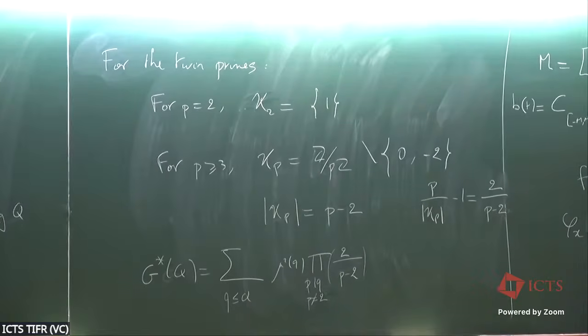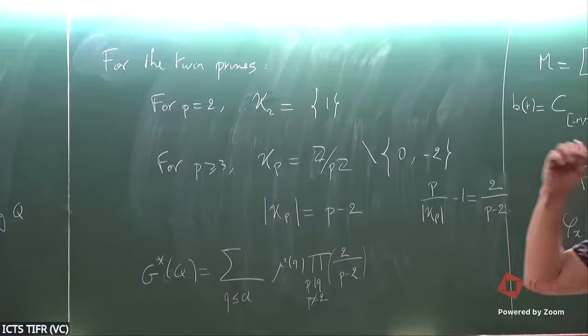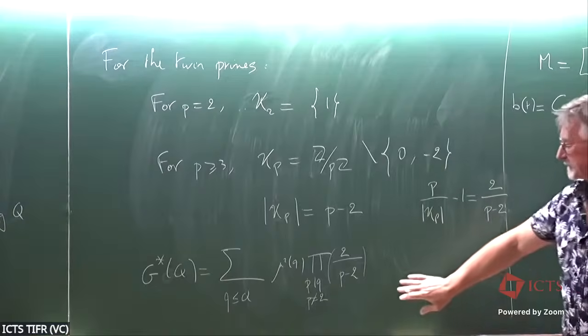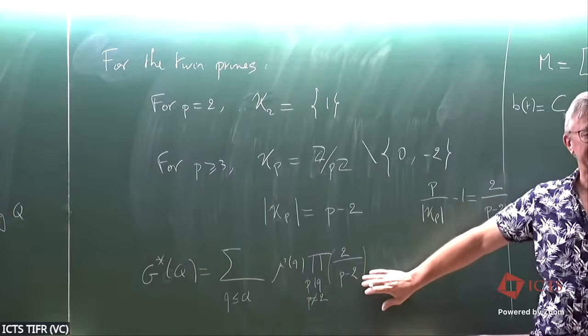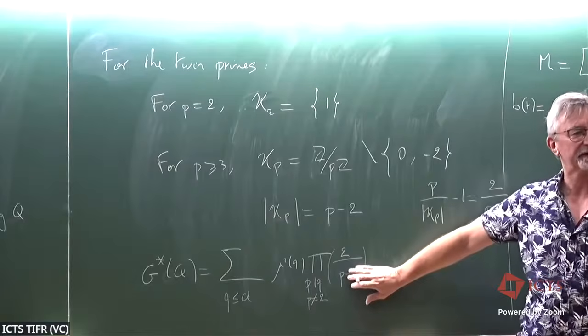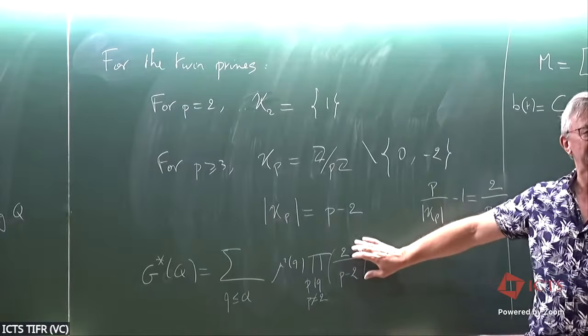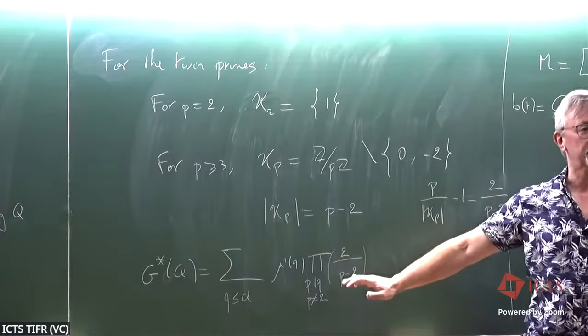Just erase that from your mind. Just imagine, get the order of magnitude, that it's p and not p minus 2. So it's 2 to the omega q divided by q.